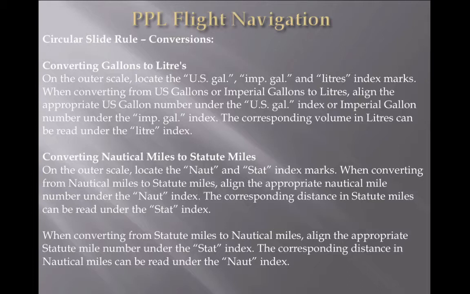So when converting from US gal or imperial gal to litres, it's a 3-step process. Align the appropriate US gallons index or the imperial gallon, and then the corresponding volume in litres can be read under the litres. Nautical miles or statute miles, we've already done that. Really, really easy. When converting from statute mile to nautical mile, align the appropriate indexes, we've done that.